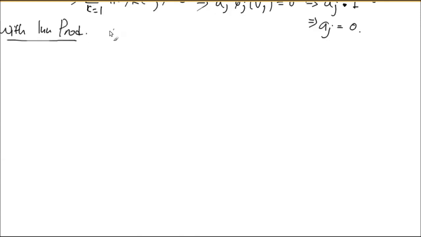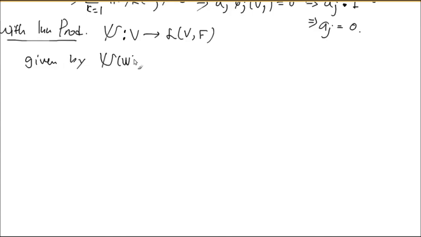All right, so what is the idea of psi going from V to where? Functions on that V, right? Linear transformations. So what is the map? Here it's given, with the inner product, we're going to use the inner product, by psi of a vector W. So this is a vector space V. They call it phi_W.